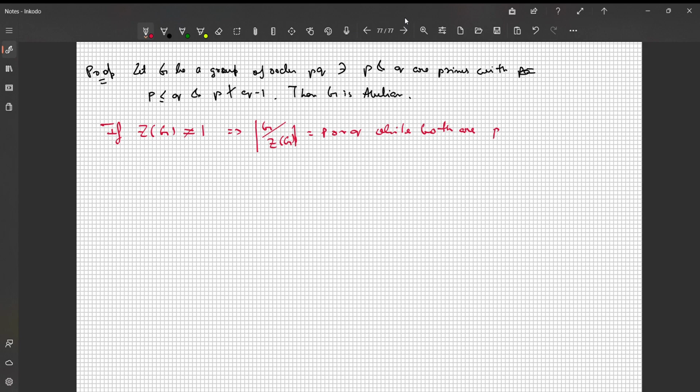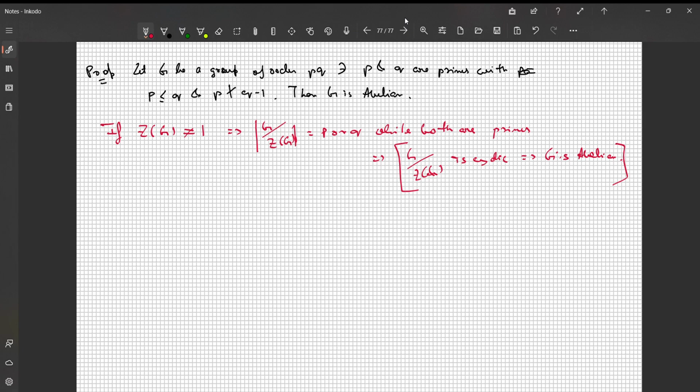So that implies G mod ZG is cyclic. But that means G is abelian. So it's a very important proposition regarding quotient groups of the center of a group. Let's prove this statement first.